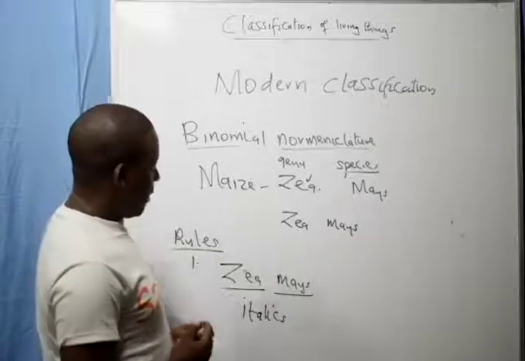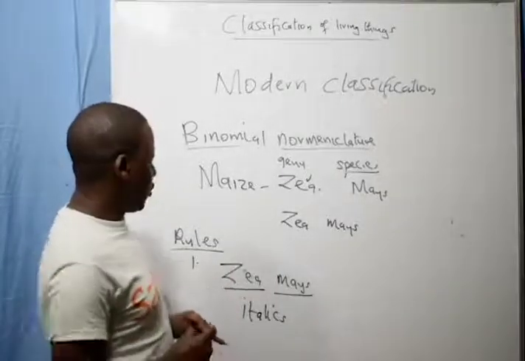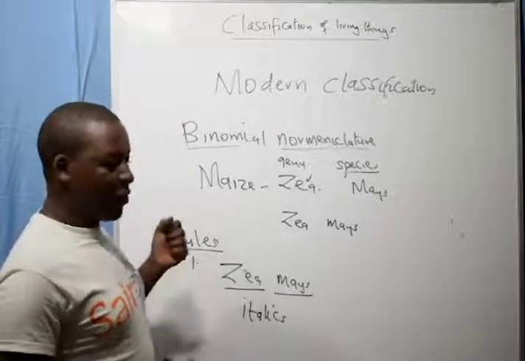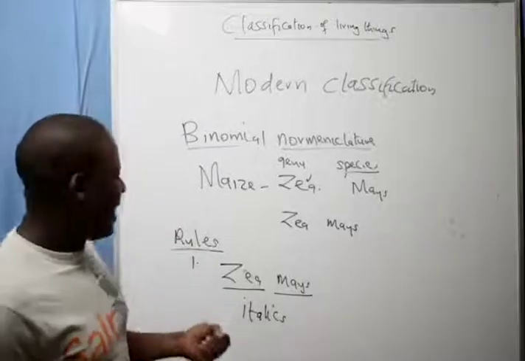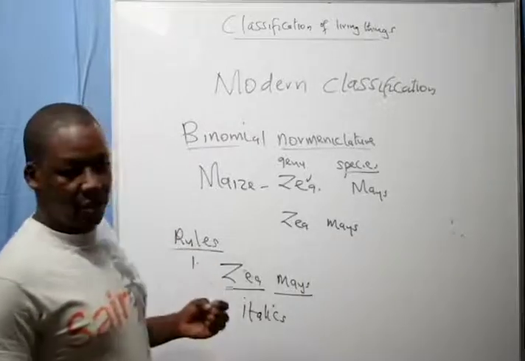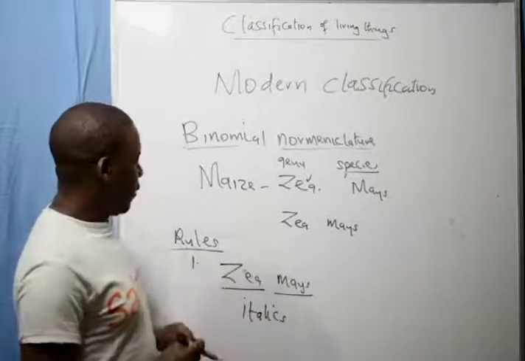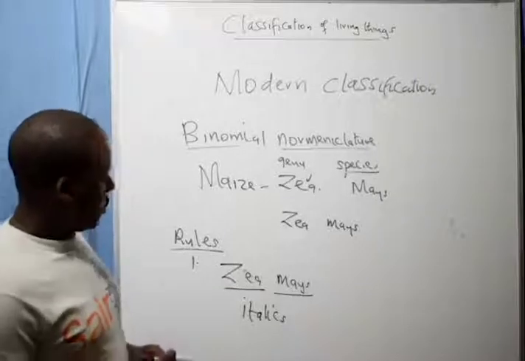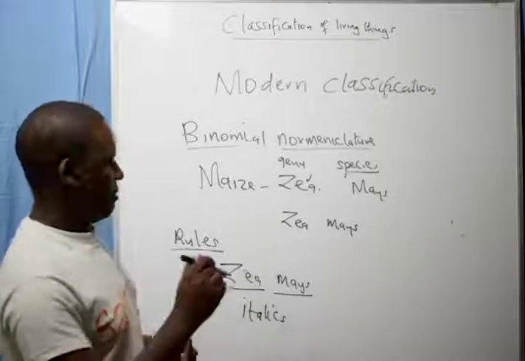Now, if there's a new plant which does not have a scientific name, and remember, scientific names should be in Latin. The language used to give a scientific name is always Latin. If you have a new plant which does not have a Latin name, what happens is the local name should be Latinized.